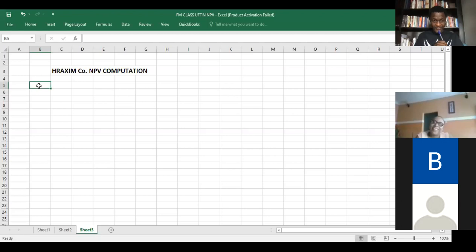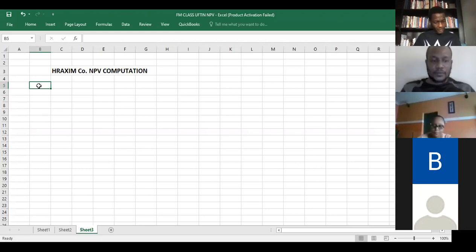Okay, so we do our first calculation now. Our first calculation is our expected value of selling price, right?